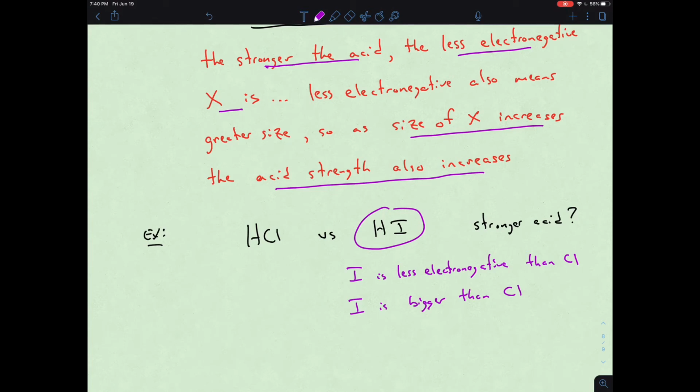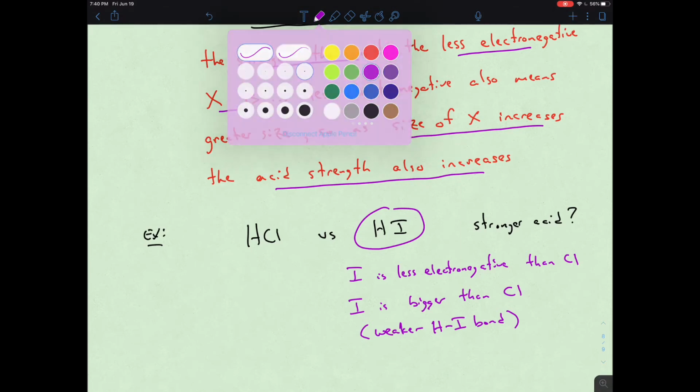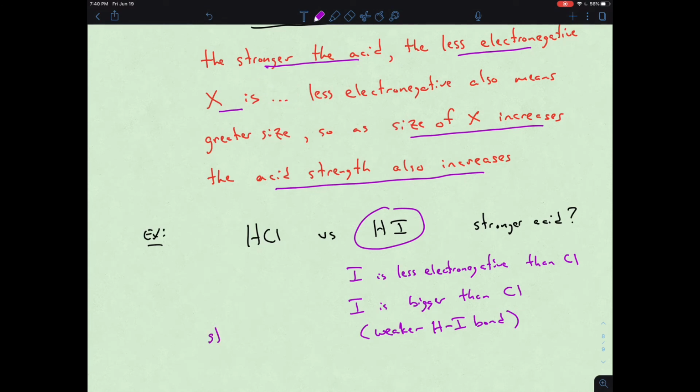So that means we have a stronger acid because we have a weaker HI bond compared to the HCl. HCl would actually have a stronger bond.